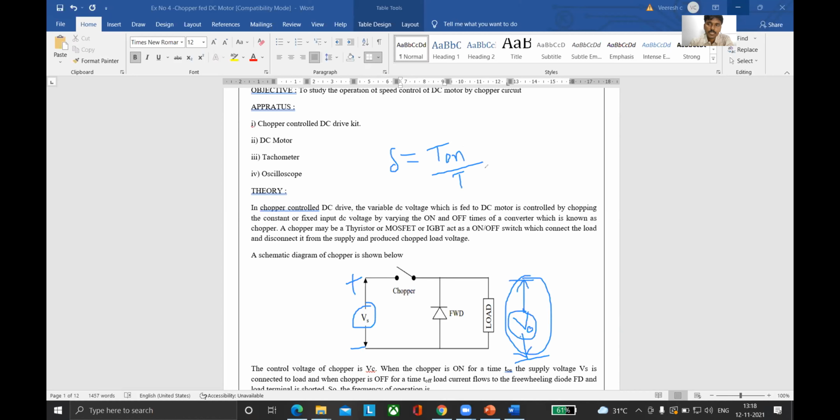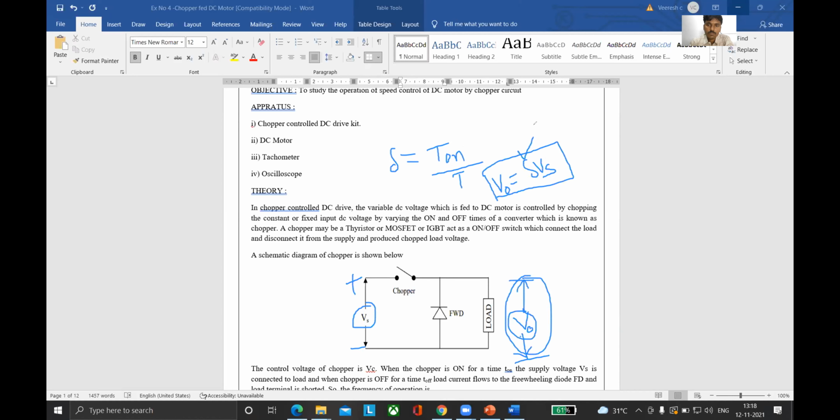For example, in the case of step down chopper, not step up, V0 is equal to delta into Vs.